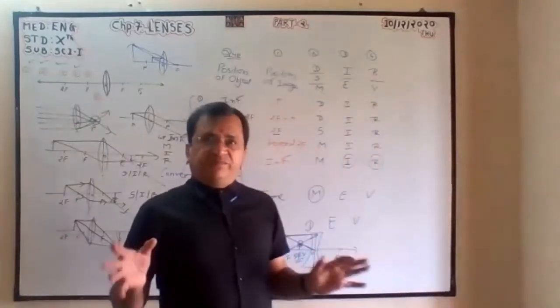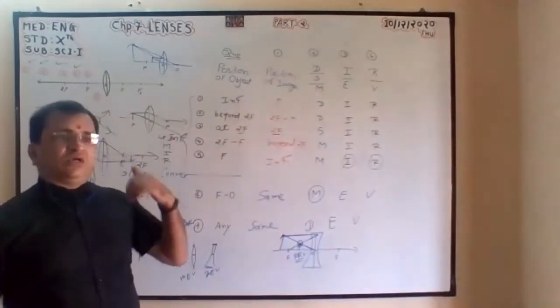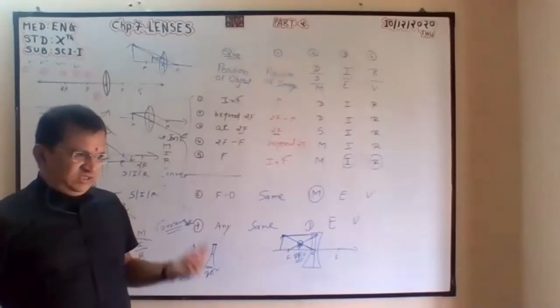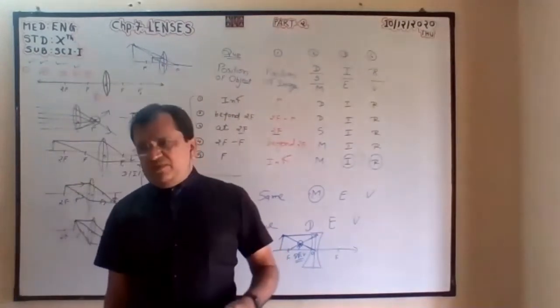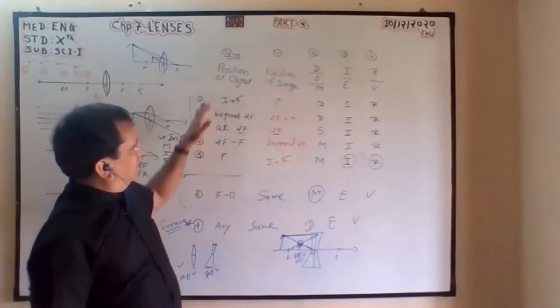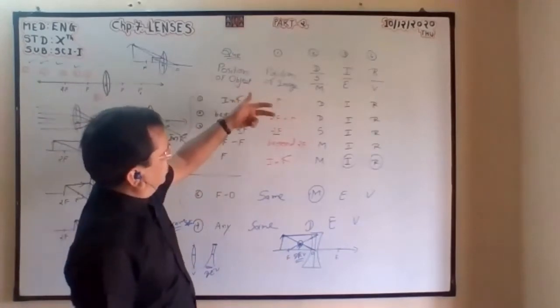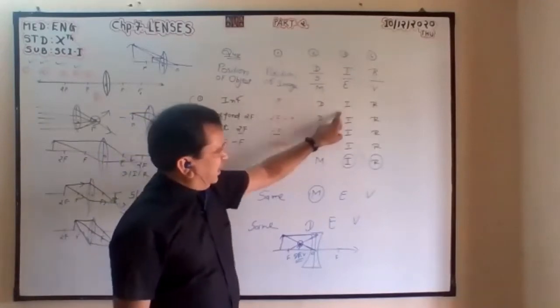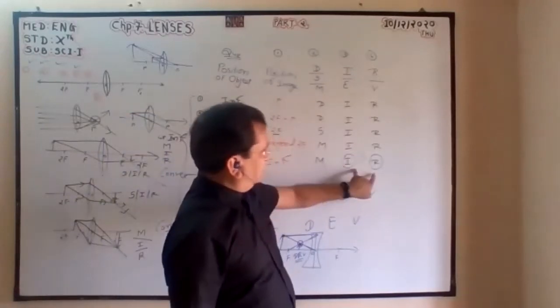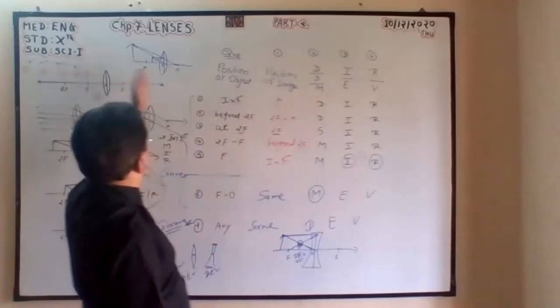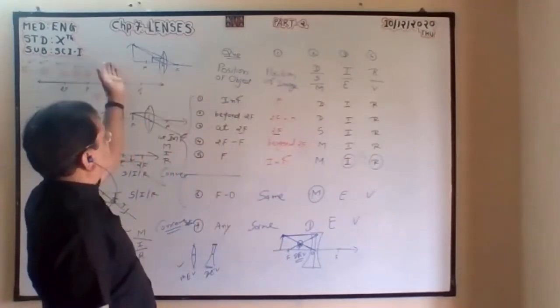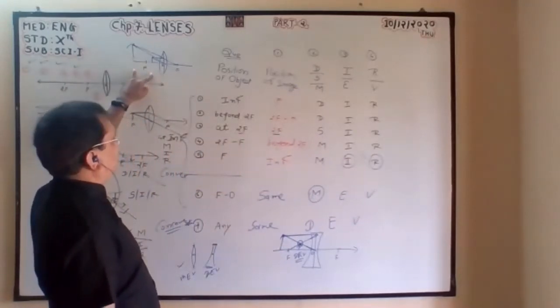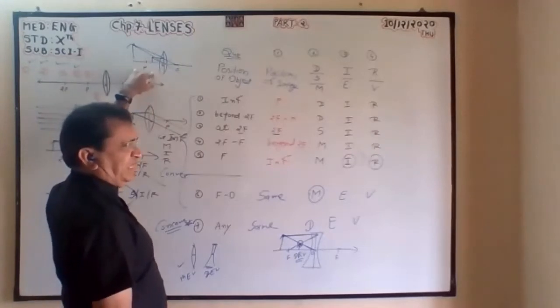So these are the 7 positions of the object. The first 6 are for convex, the 7th is for concave, and for these 5 you have to write the image in reverse. First 2 diminished, last 2 magnifying, middle one same. All are inverted, all are real. Then change this, because when it comes closer, same side, whichever side the object is, that side is the image.